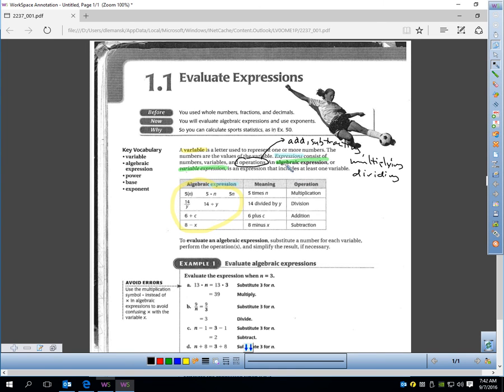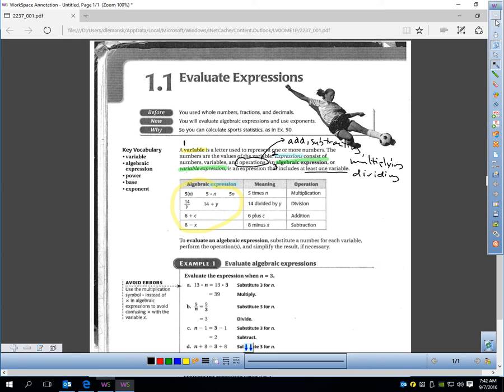So when I hear the word expression, an expression could have just numbers and operations. An algebraic expression must have a variable in it somewhere. Okay? So those three words, variable, expression, and algebraic expression, we want to have those in our notes and make sure we have the term for each, or the vocabulary listed for each.